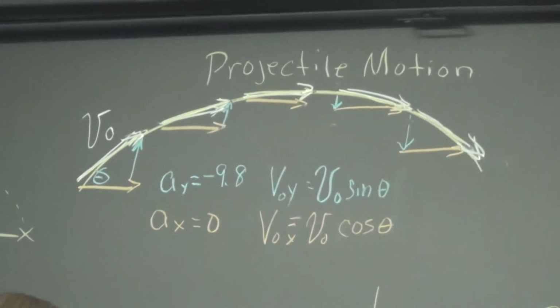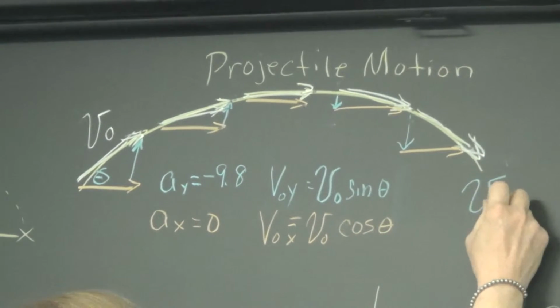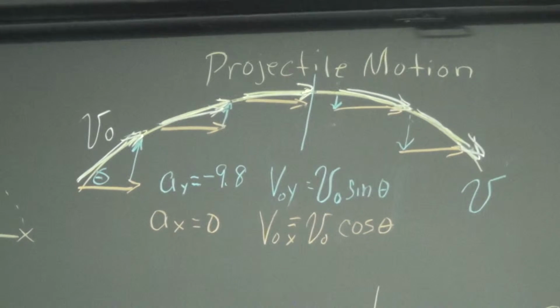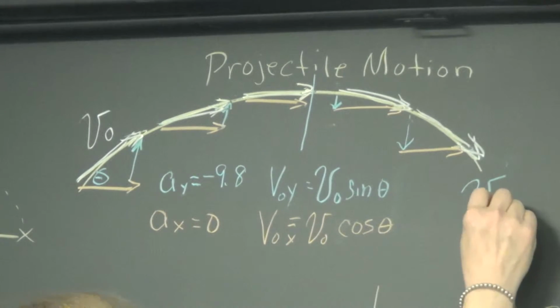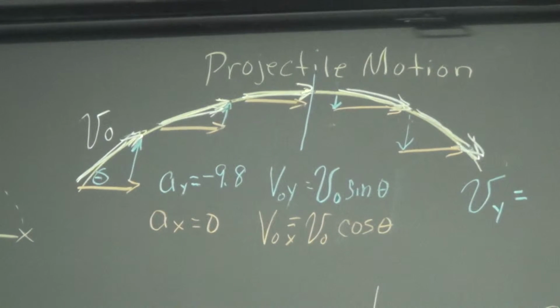The only other point that is the same in all is what's the velocity if you're cutting it off at the midpoint of the flight? So you're at the max height. What is the final velocity in the Y direction? Do you recall how that works, Emily?